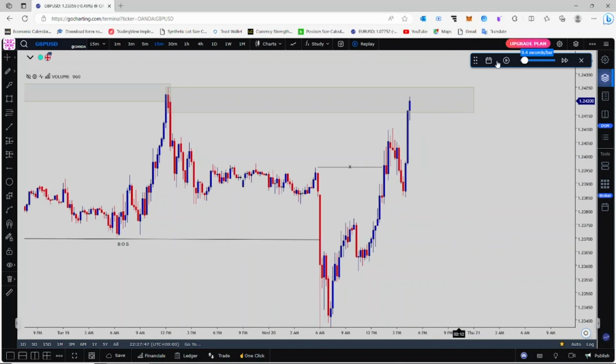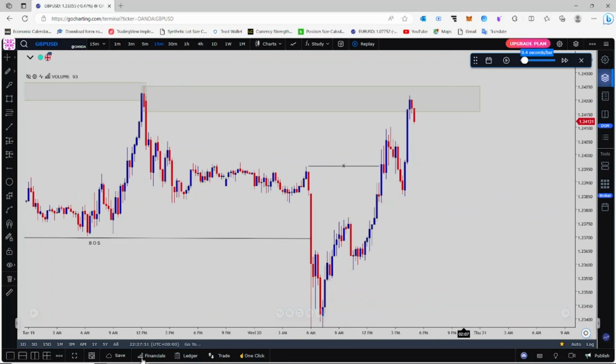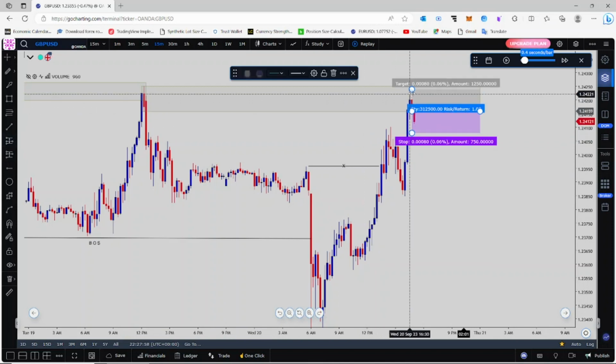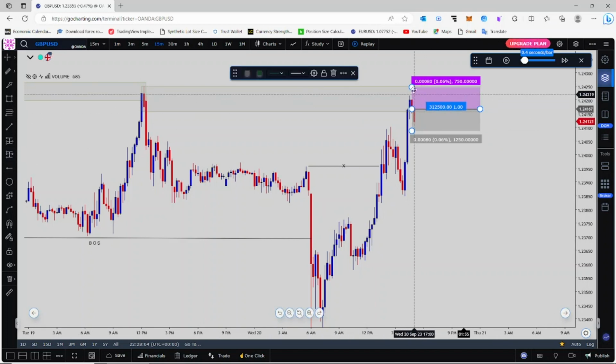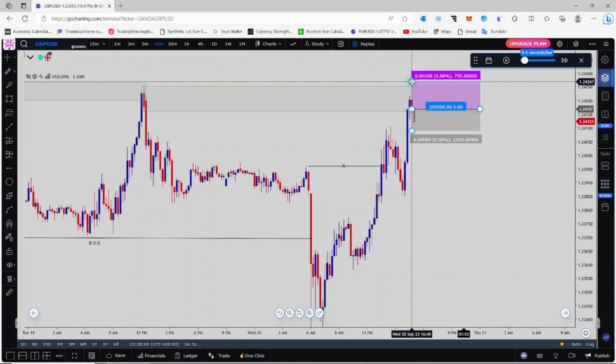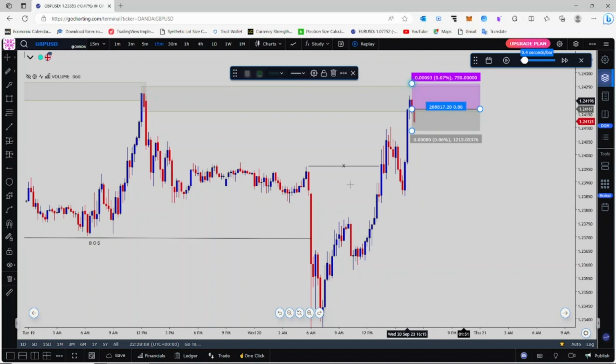Now over here, we waited for a confirmation candlestick, and boom, we had it. We had our confirmation candlestick here. So over here, we entered the trade, and our stop loss was right over here.